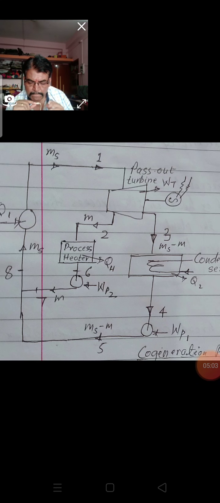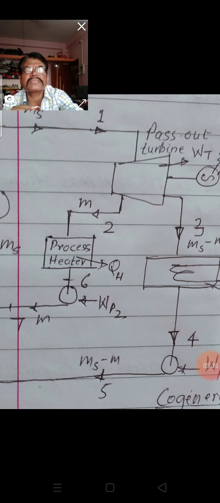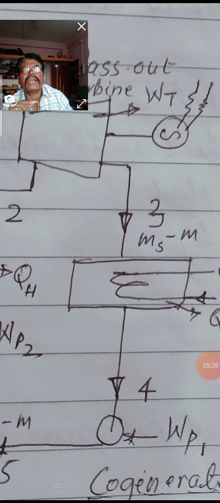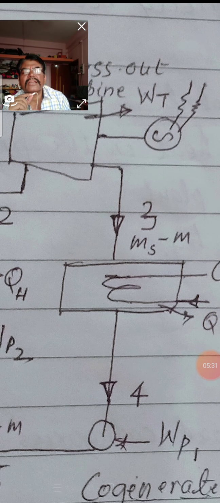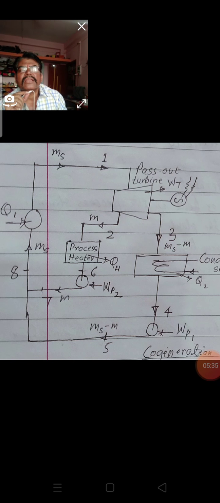By extracting steam from the turbine at an intermediate stage, much as for feed water heating, the turbine of this type is known as an extraction turbine, or also called a pass out turbine. This pass out turbine is shown by this label. This turbine is connected with the generator, which generates the electricity.